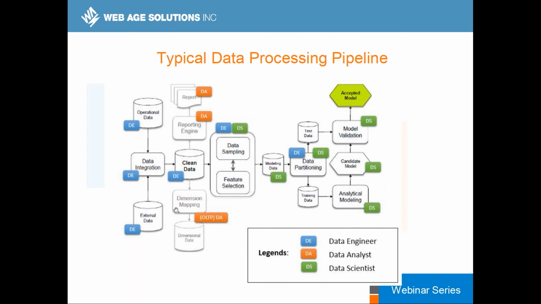Cleaning data involves making sure that data complies with the data model that you would use down the road, or reports that you are going to generate, or maybe dimensional mappings that you will be using in your OLTP systems. So that data that has been cleaned represents a good base for building some sort of reporting presentations of your data for consumption at any level in your organization.